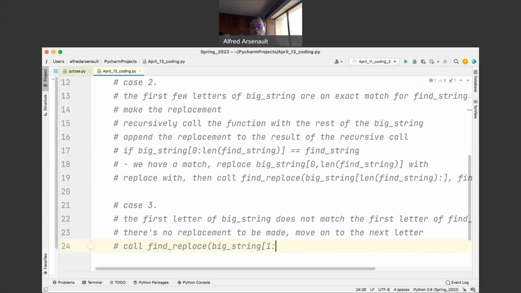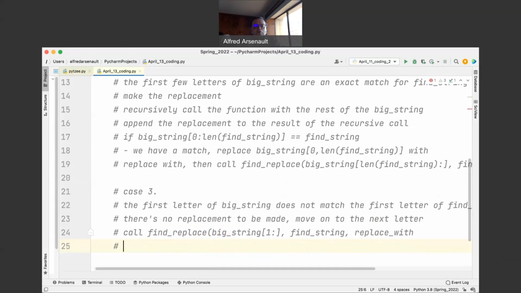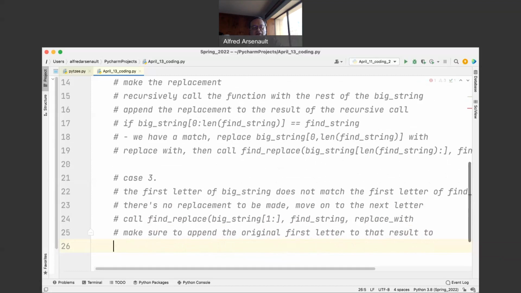Big string from 1 to the end, find string, replace with. And of course, make sure to append the original first letter to that result to get the final string.